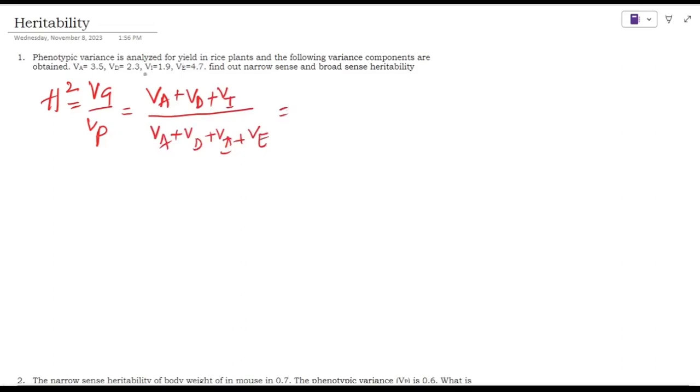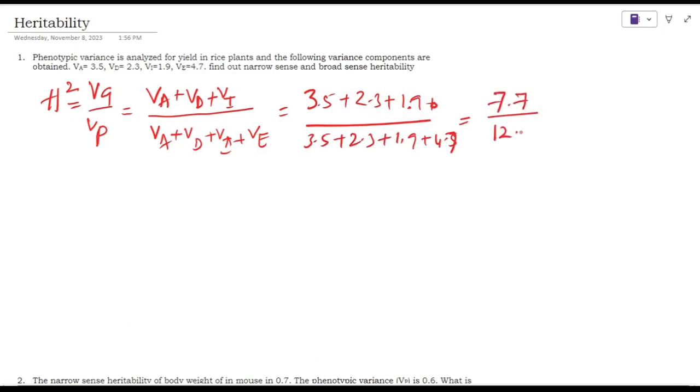So by summing up these values, that means 3.5 plus 2.3 plus 1.9 divided by 3.5 plus 2.3 plus 1.9 plus 4.7, sorry. The numerator you will get is 7.7 and the denominator is 12.4, and you will get the value of 0.62.